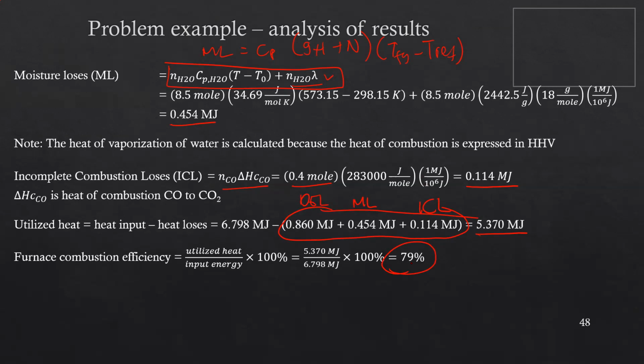Okay, don't forget again, be careful to use the similar unit to calculate the efficiency. And here we set the unit of the heat in megajoule, it's not in kilojoule, it's not in joule, so please be aware, be careful in using a unit.